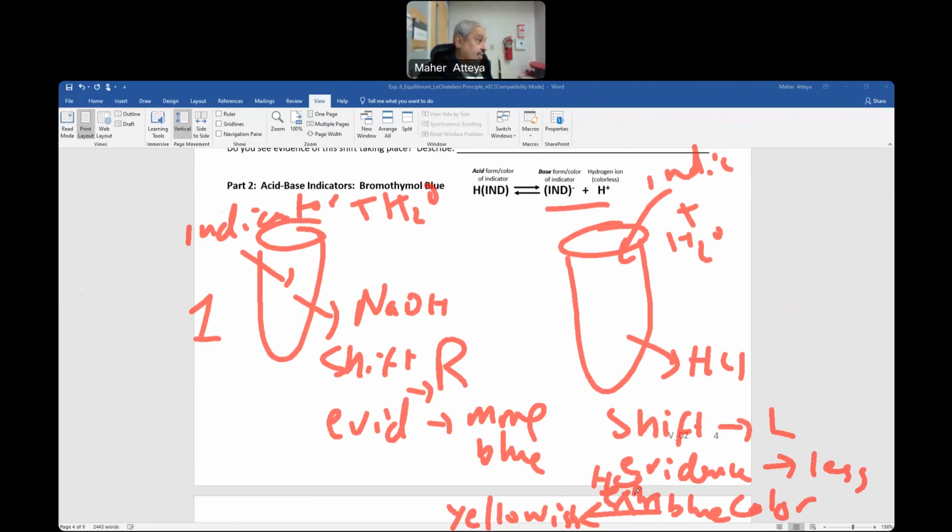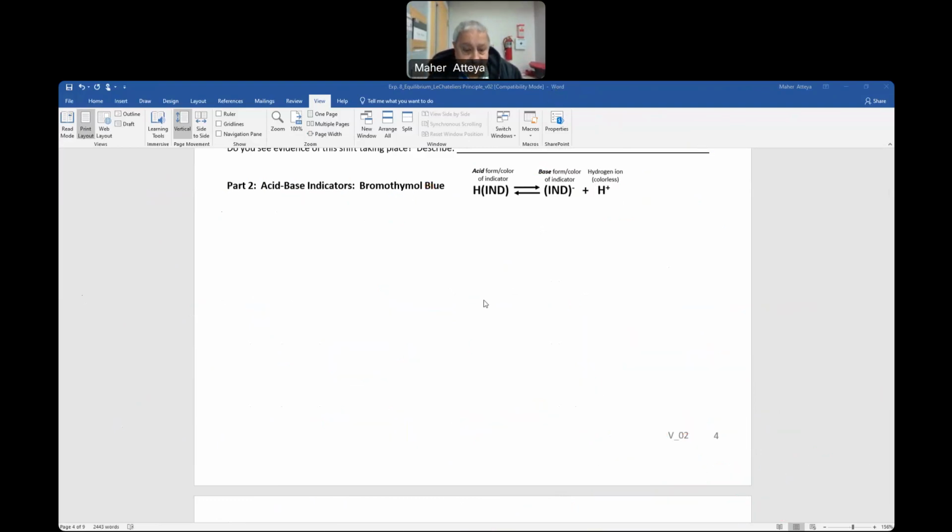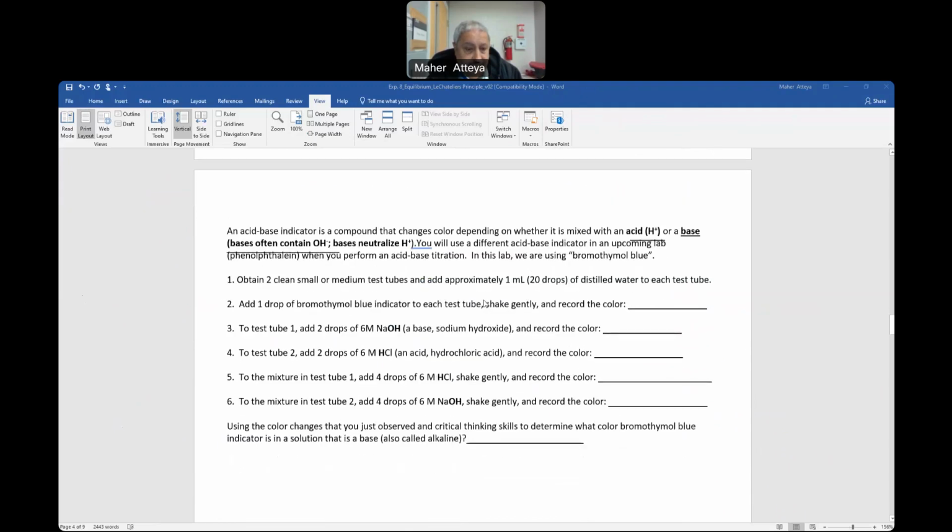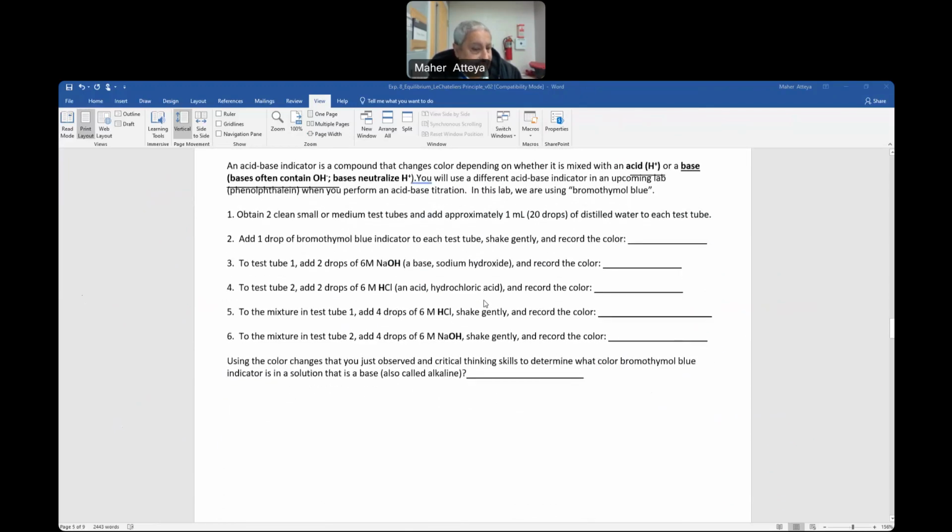Okay, guys, that's the second one. So that's the shift. Let's take number 3. Number 3 is the same thing, but this time instead of using indicator, you are using litmus paper.